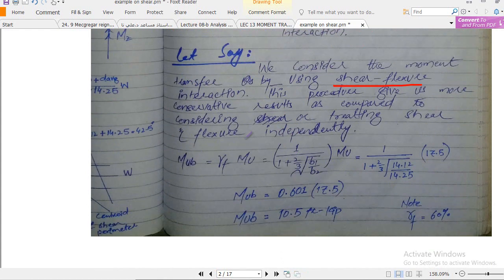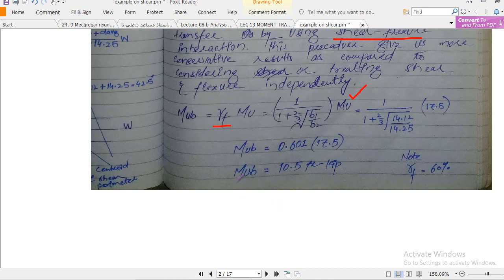So what we have to do in this procedure is find the gamma f. You already know the gamma f equation from the ACI code, and you have to multiply Mu. Mu means the unbalanced moment, which is 17.5. And b1 is already determined, b2 is already determined. You have to just plug in the values.